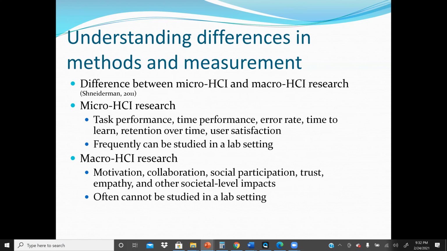But macro HCI research will be based on motivation, collaboration, because again, this is a large research. So collaboration, social participation, trust, empathy, and other societal level impacts. This often cannot be studied in a lab setting because it's a large research platform.